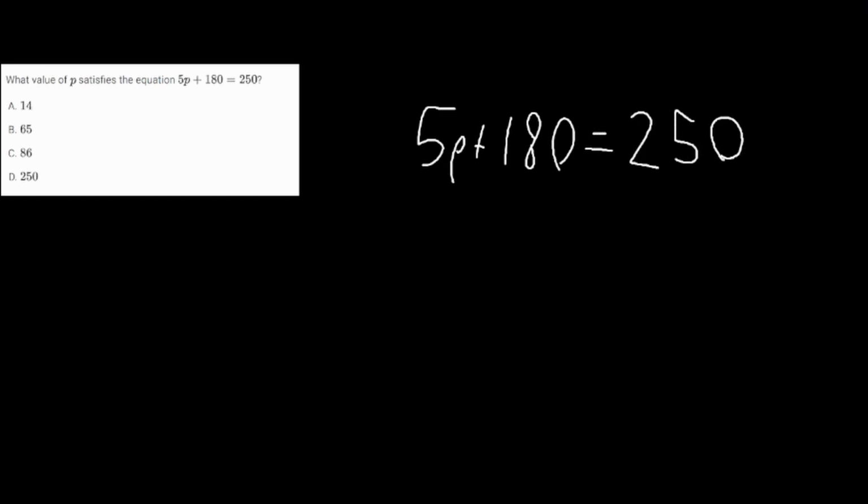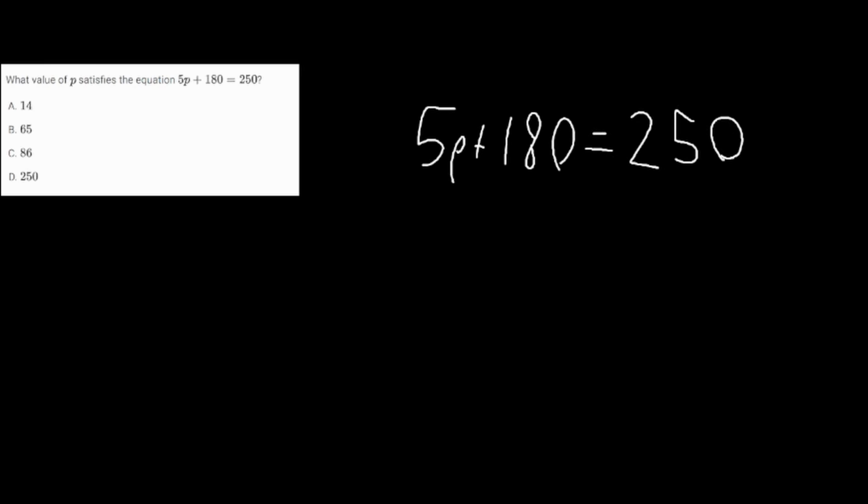Okay, we are going to start off with a rather simple question. What value of p satisfies the equation 5p plus 180 equals 250? So let's just write that out here. Now this is considered an easy question, but it's still a key concept that we need to cover. So we need to find the value of p.